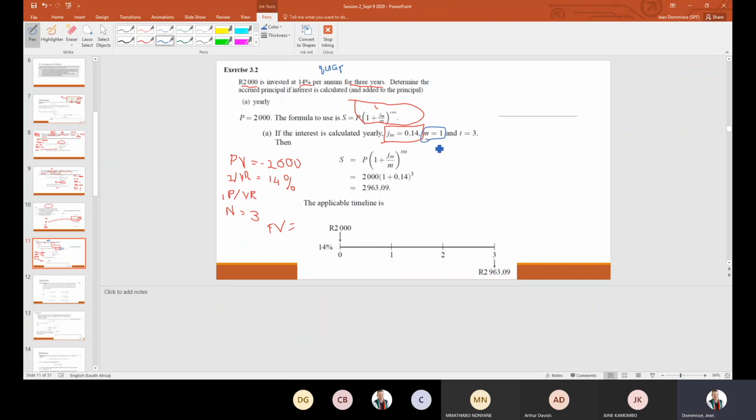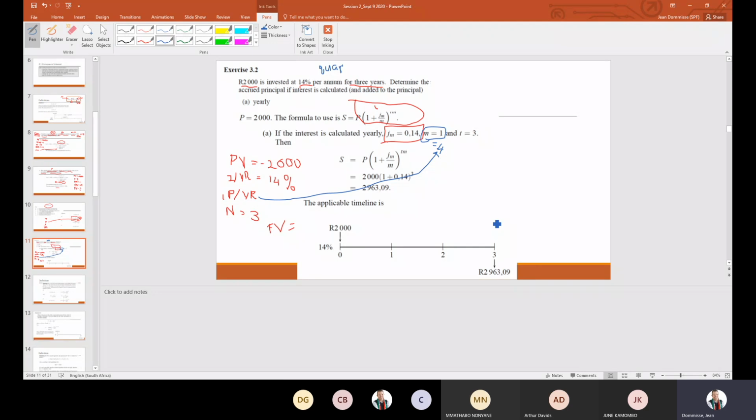Okay, so your M value will be the 4, because your M value is the 4 on your calculator. It will also change from 1 time per year to 4 times per year. That is the place where it will change.